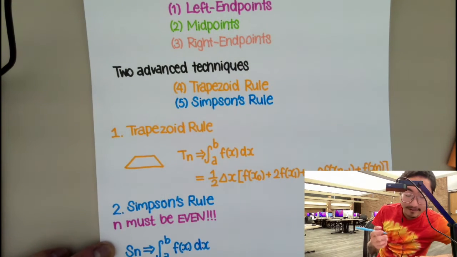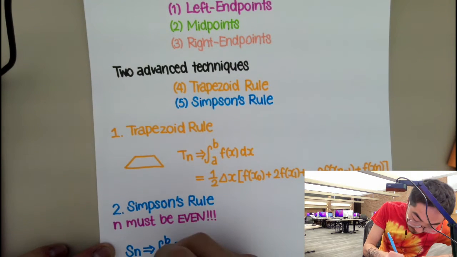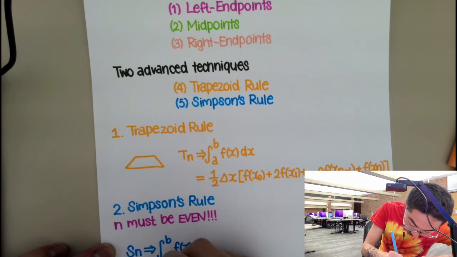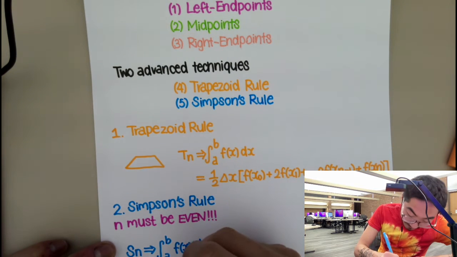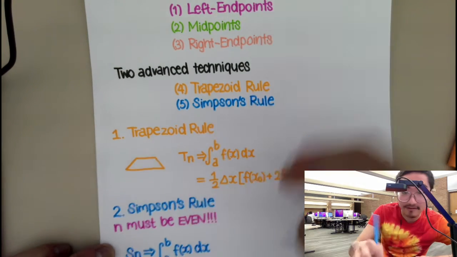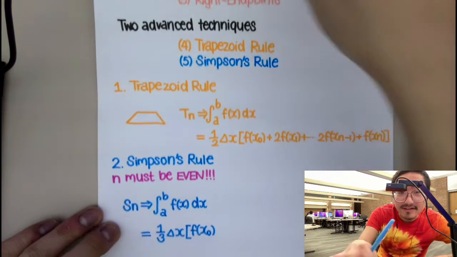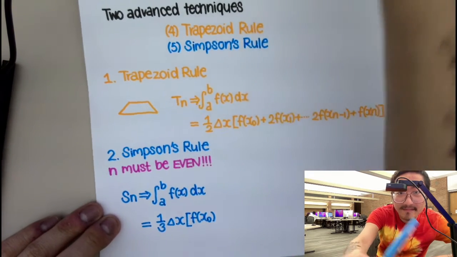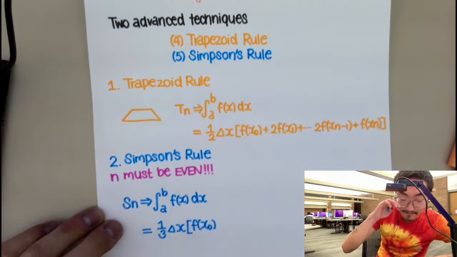It's going to be 1/3 times delta x times f(x0). I'm going to make sure you can still see it. Okay, I'll just adjust here.